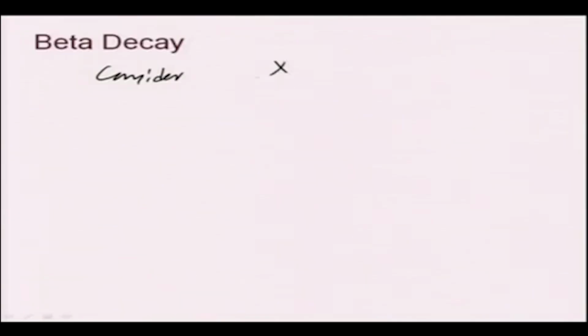All right. Now, let us consider X nucleus with Z protons and mass number A going into Y with mass number A and proton number Z plus 1, an electron and an antineutrino. Now, let me look at Q beta, how to write this in this case.